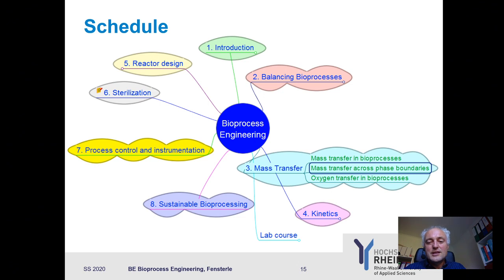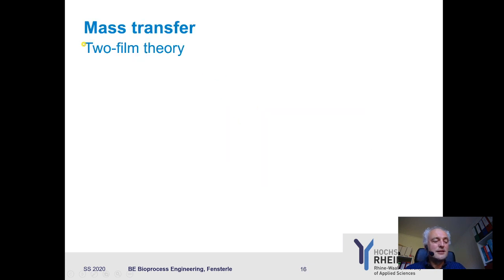Now we come to mass transfer across boundaries. Now we look at these mass transfers more precisely. The basis of how we look at this mass transfer is the so-called two-film theory. At the very beginning we had our scheme where we had a phase border. We had a concentration 1 here and a concentration 2 here, and we had a concentration gradient at the phase border.